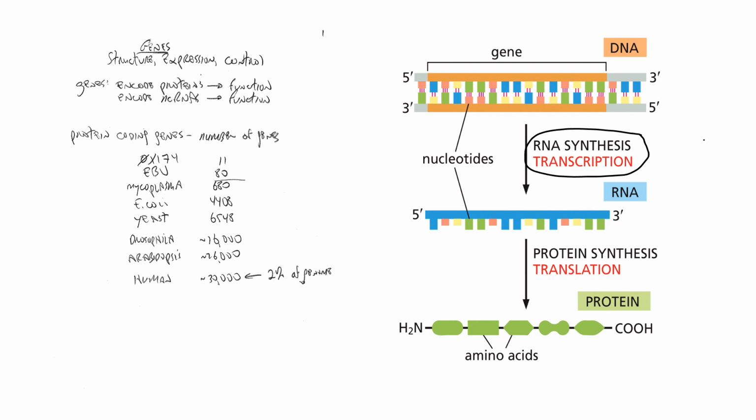Now, there are different classes of genes. There's genes that encode ribosomal RNAs. There's lots of those. There's genes that encode transfer RNAs. There's genes that encode, let's say, the small microRNAs and other RNAs that are involved in regulating the cell and gene expression.